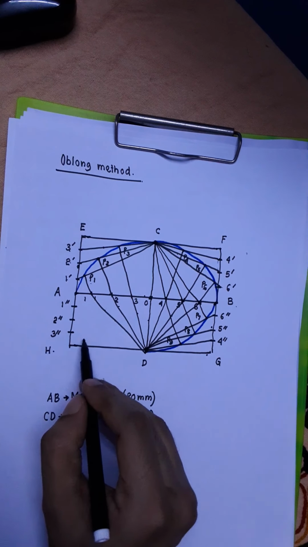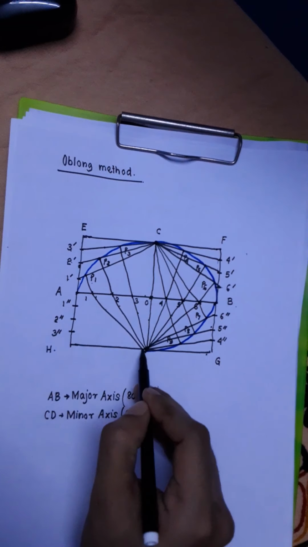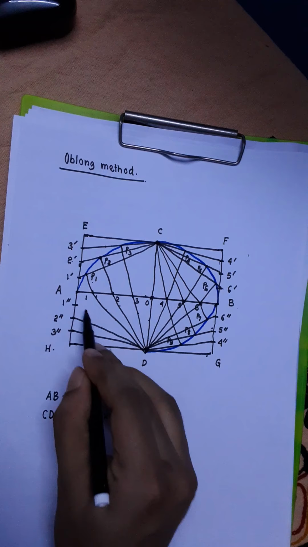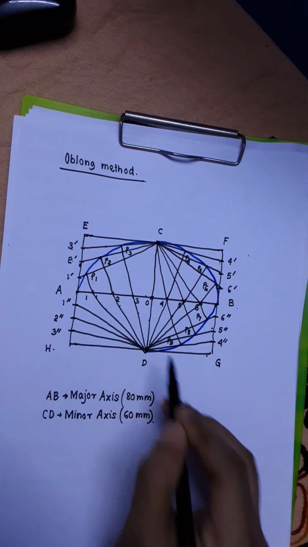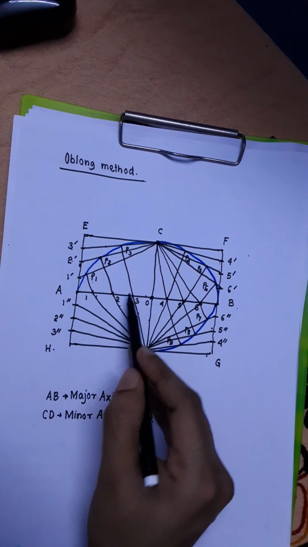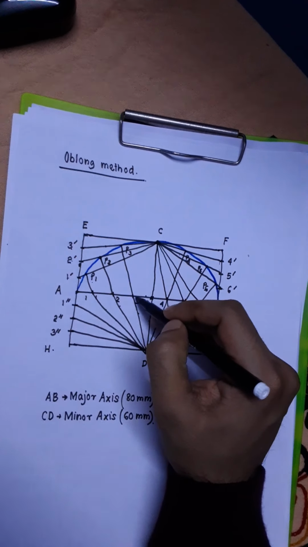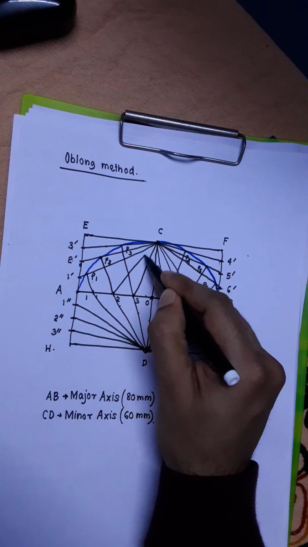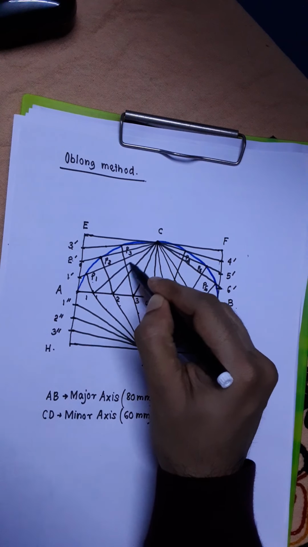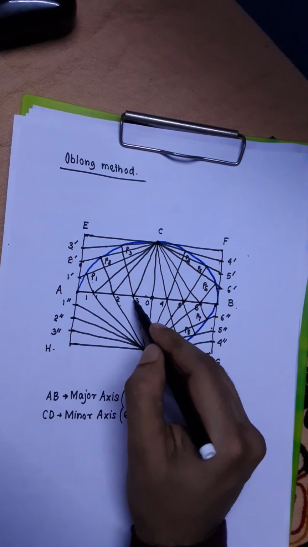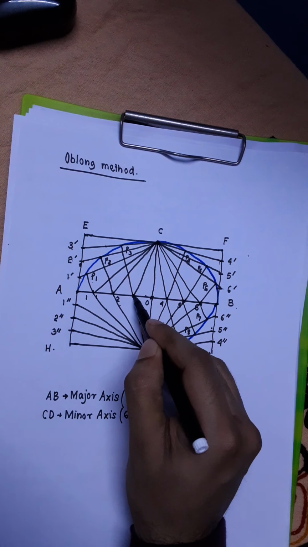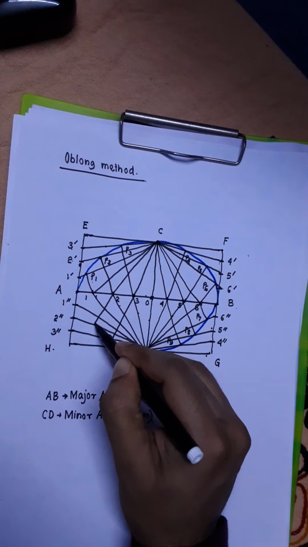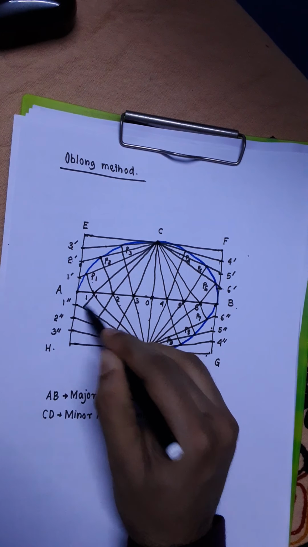So after you do the division, you join these 3 points with this point D. And these 3 points you join with point C. Okay. Extend this one up to this, extend this one up to this, extend this one up to this.